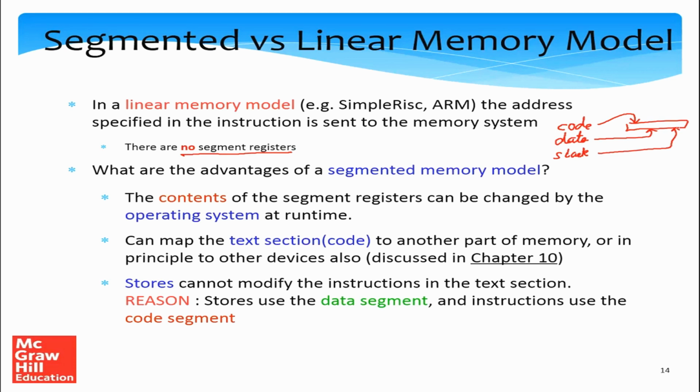That is because any stores are by default supposed to use the data segment, and the instructions are in the code segment. So this gives us some amount of separation between the code and the data segment. Actually, I was not very accurate when I said this follows the von Neumann model, because physically it's the same memory, but logically it is more like a Harvard architecture where we are thinking of the code part of the memory and the data part of the memory as actually separate, right?